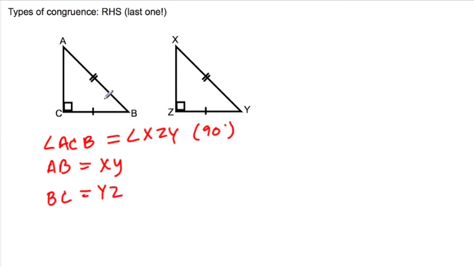Now you might be saying, wait a minute, this kind of looks like angle-side-side. It kind of does, but in this case, if the hypotenuse and one side of a right-angled triangle, that right angle is what's important, are equal to the corresponding parts of another right-angled triangle, then both triangles are congruent. This is also known as the right angle hypotenuse side test.